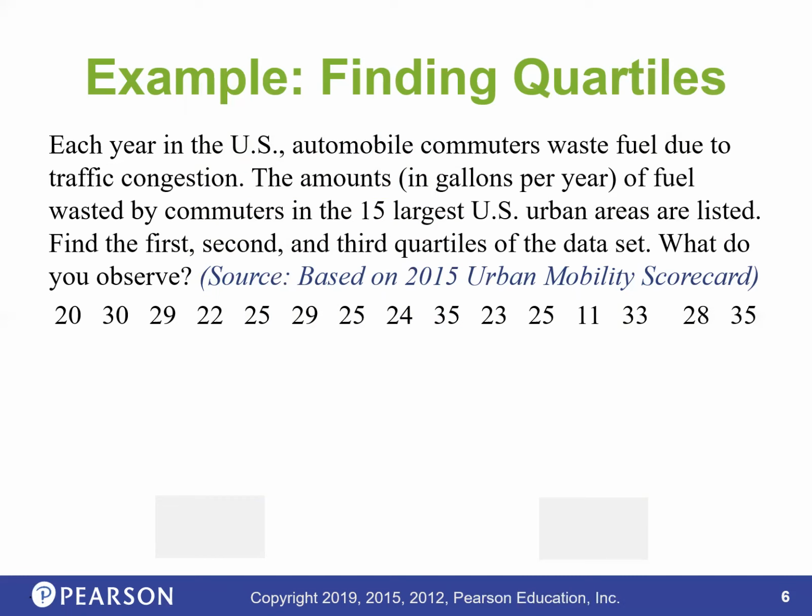Once we write these guys in order, can you give me the median value? Anybody tell me what the median value is? Write this down in order, and then give me the median value.